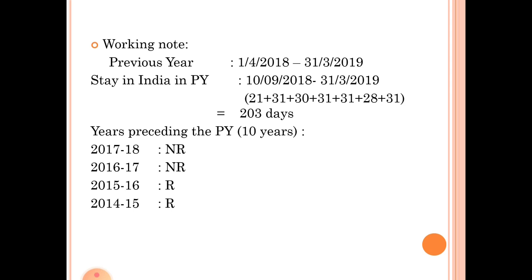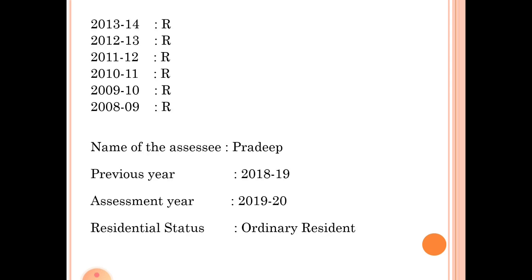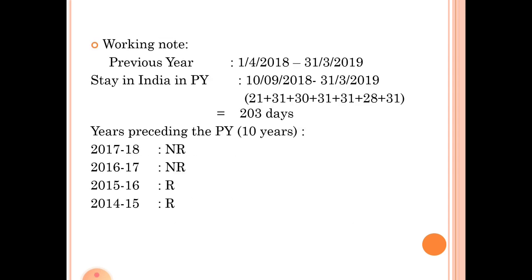So the preceding 10 years we have to write as we wrote in the previous problem, that is from 2008-9 to 2017-18.